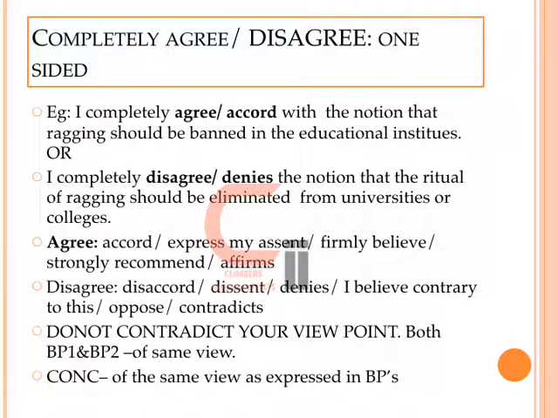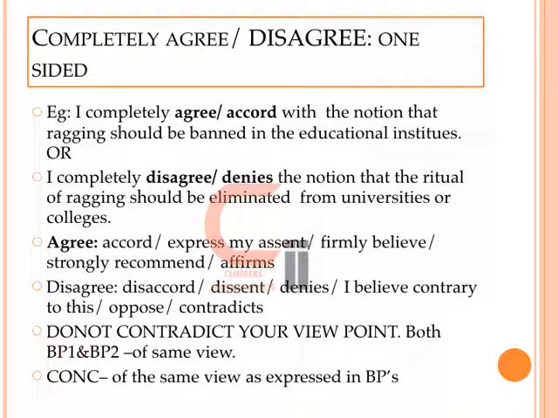Now when you choose to completely agree or disagree, then you have to follow one side opinion. For example, you can use such kind of words to address the question. I completely agree or accord with the notion that ragging should be banned in educational institutes.